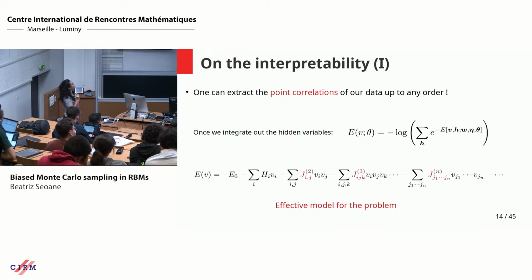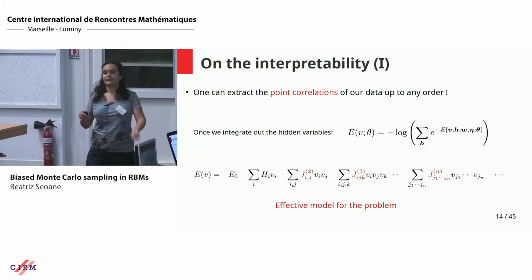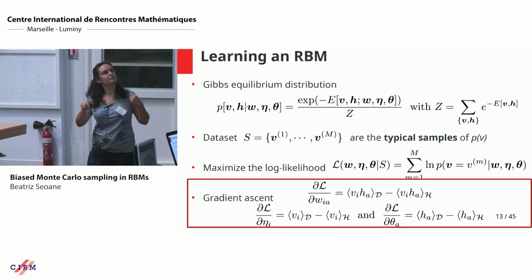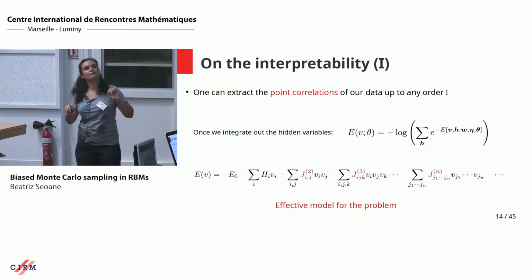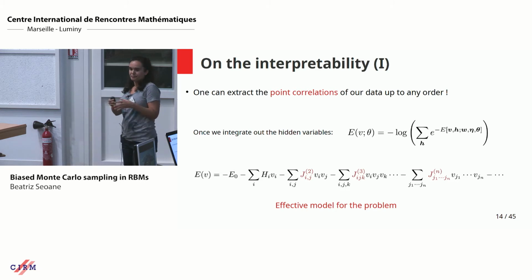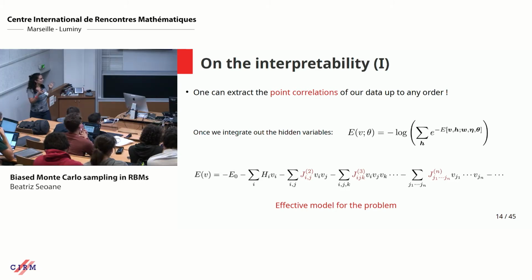Okay, before going further, just speaking about interpretability, we can understand why this is interesting. If we start from the model I introduced for the restricted Boltzmann machine, and compute the energy of a given visible configuration, that is, integrating out the hidden variables, we obtain an expression like this that we can develop using a Taylor expansion.